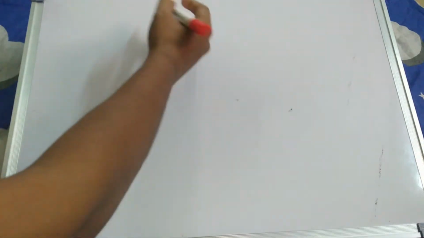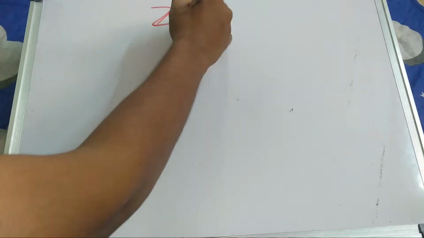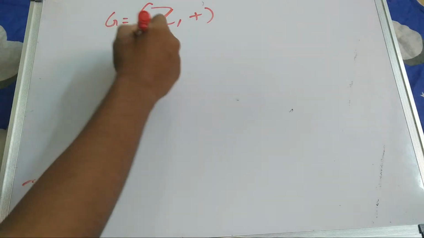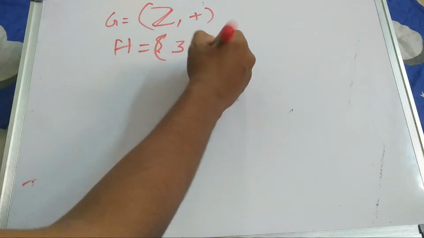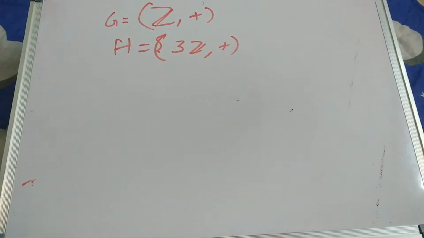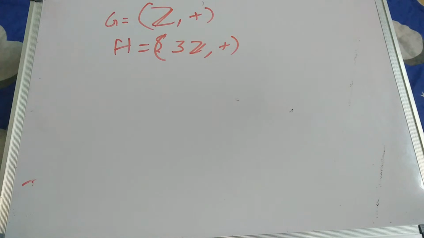So the obvious example is to consider Z comma plus. Let this be G and we take H to be say 3Z, that is multiples of 3. So we define an equivalence relation on Z.